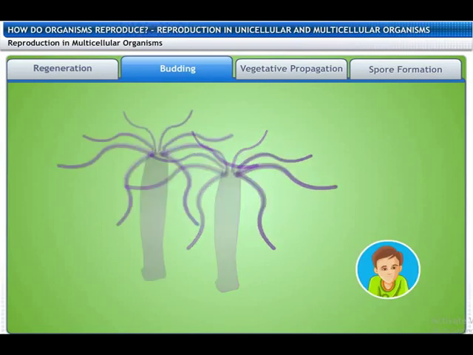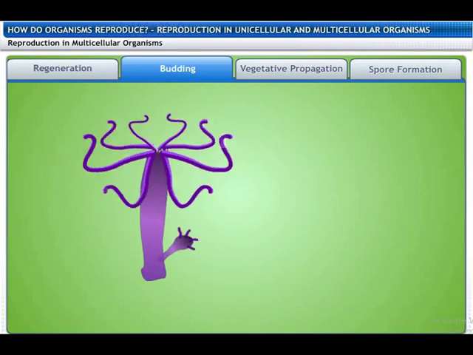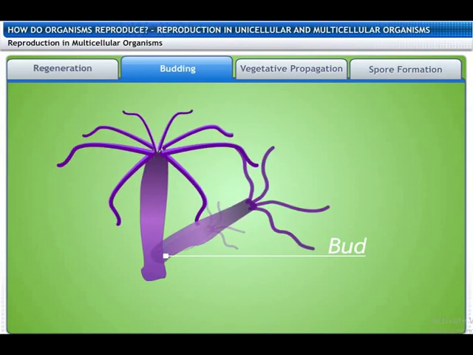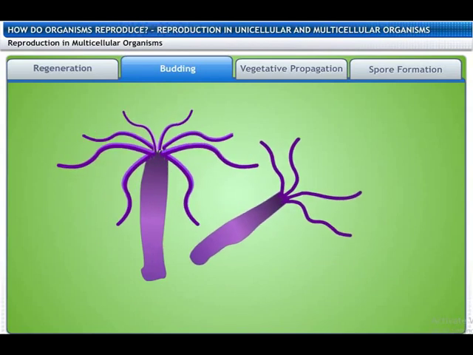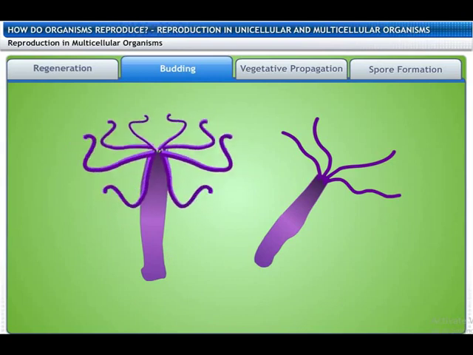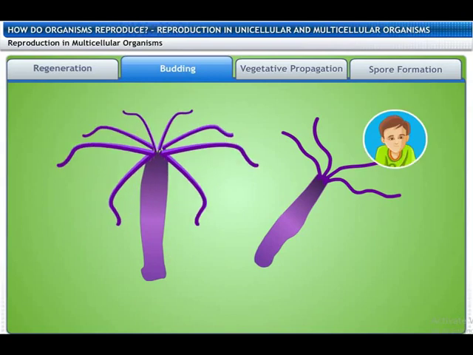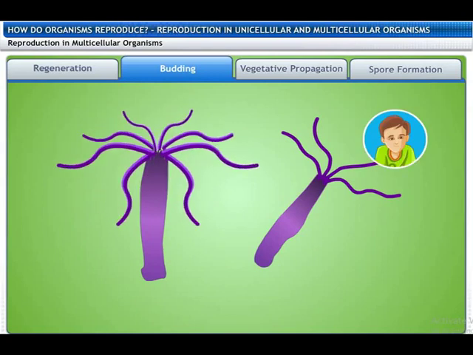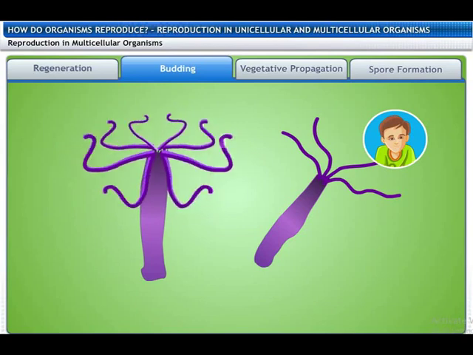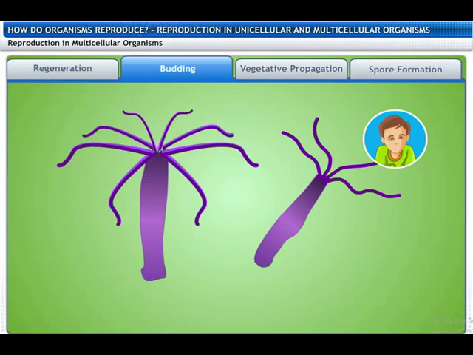In Hydra, a bud develops as an outgrowth due to repeated cell division at a specific site. Each such bud develops into a tiny individual Hydra. Oh, so I guess they detach from the parent body when fully mature and become independent individuals?